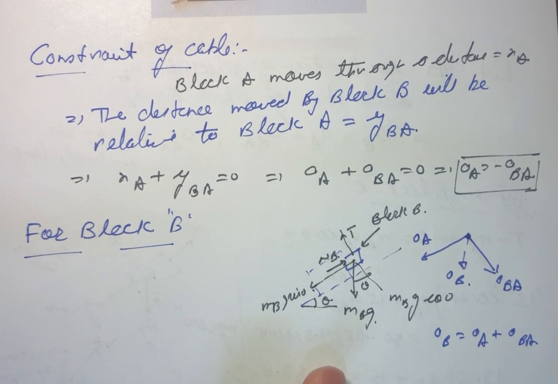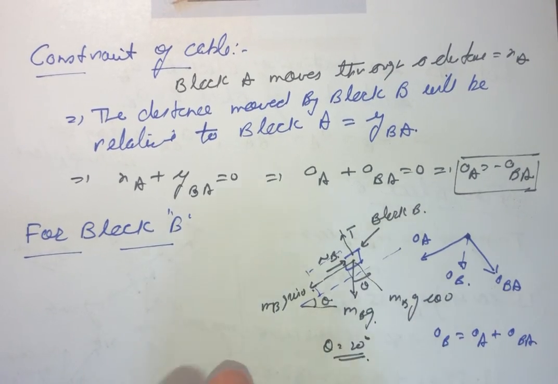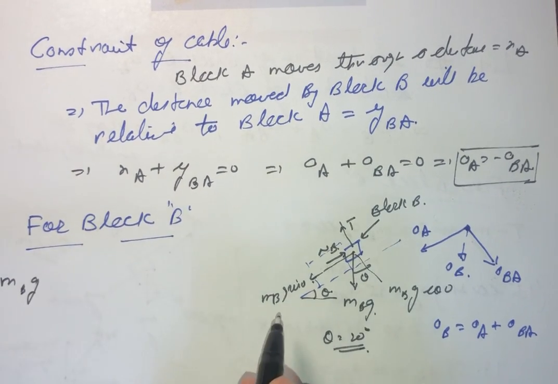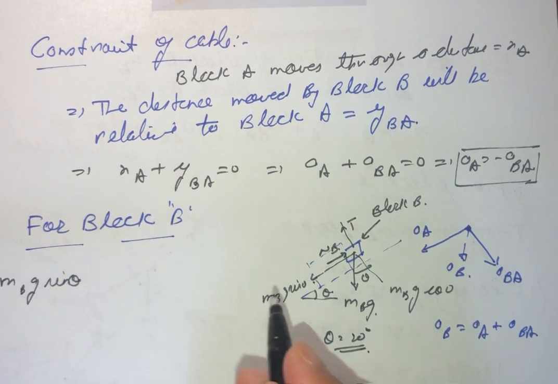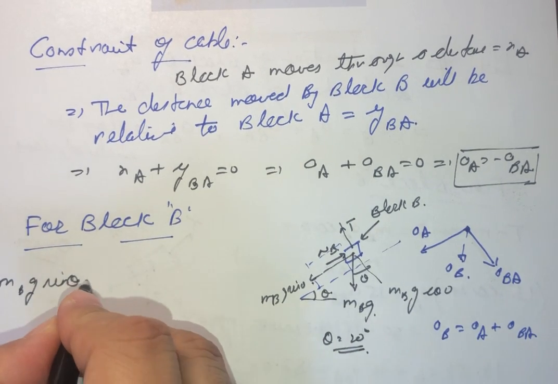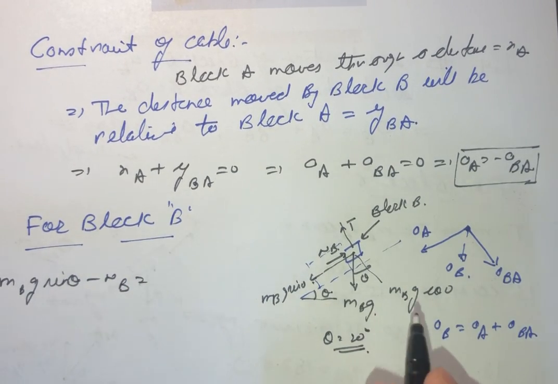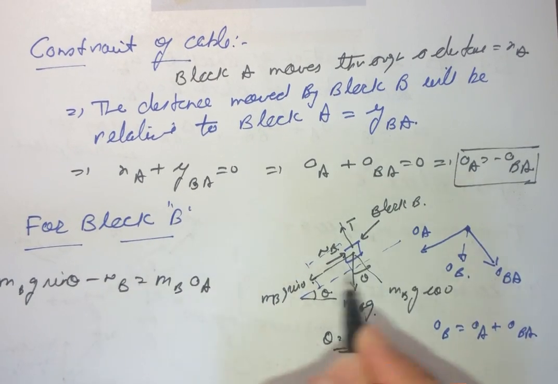So let's write the equation for block B. Theta is 20 degree. So we can say mBg sine theta minus the normal NB is equal to mB times acceleration in the A direction.